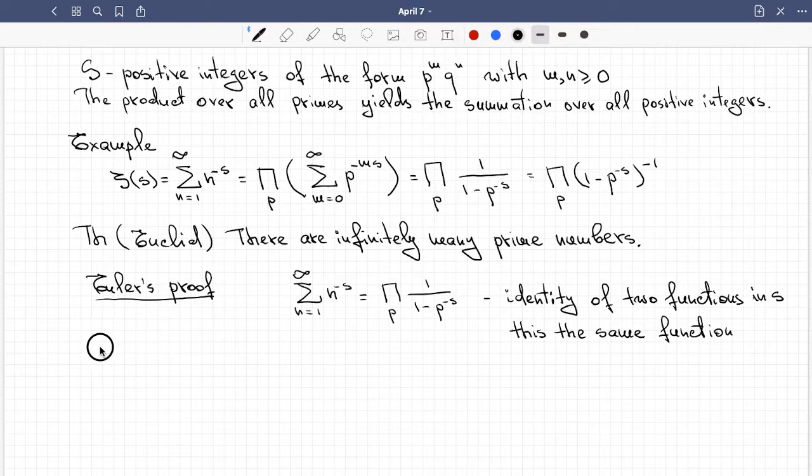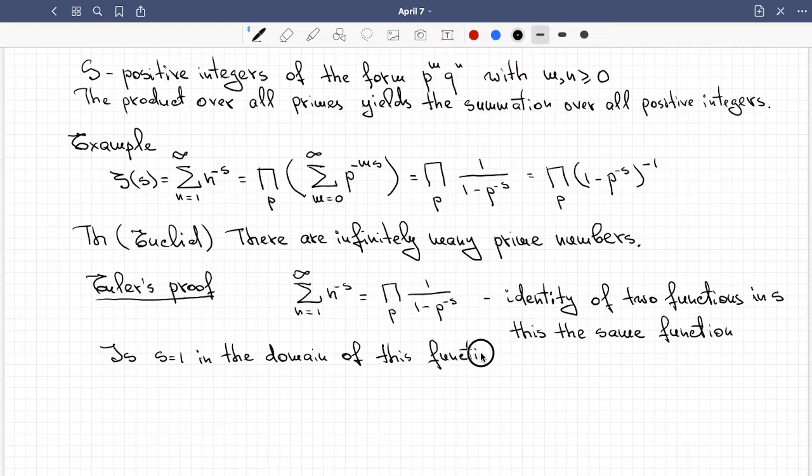Is s equals 1 in the domain of this function? Well, if we look at this representation of our function, then the answer is no.